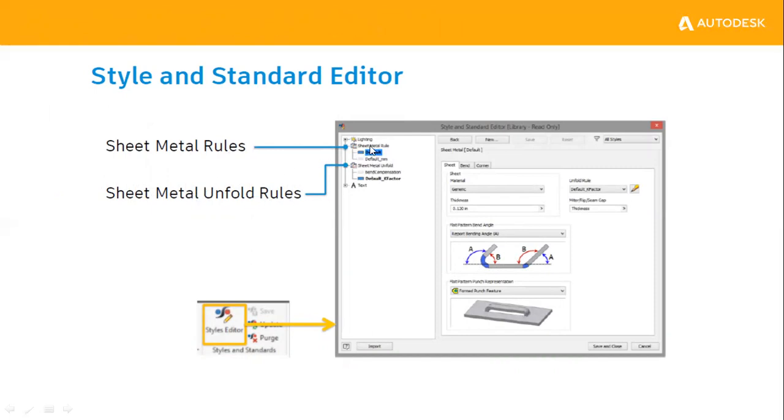It gives you a nice feature where we can give multiple rule sets for your sheet metal rules, based on thickness and different materials. You can also define your unfold rules, and you can go for either bend compensation, or the K factor, or different sets of equations. This is available inside your Styles and Standards Editor. We're going to see it within a short time.